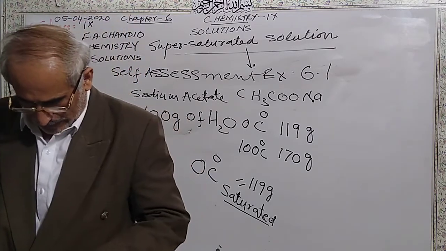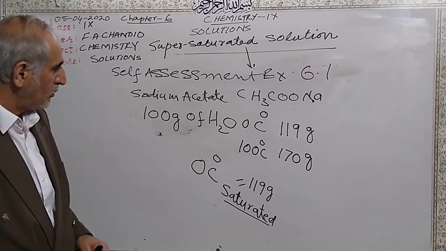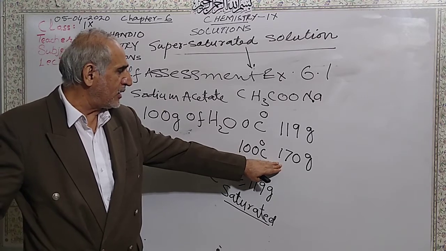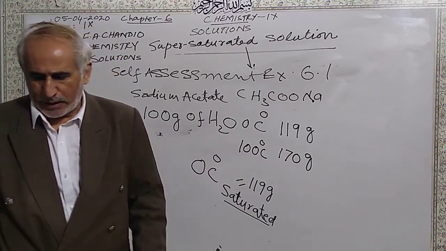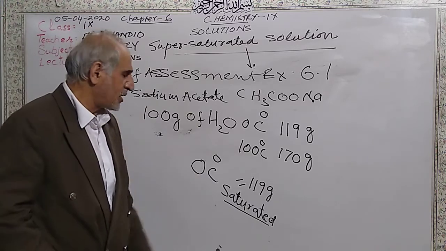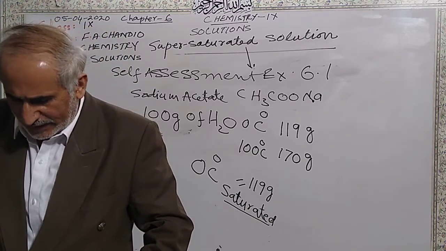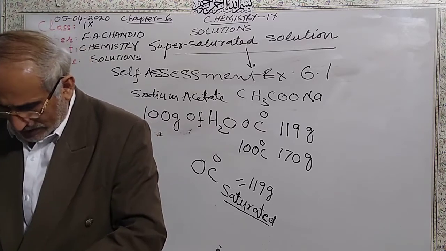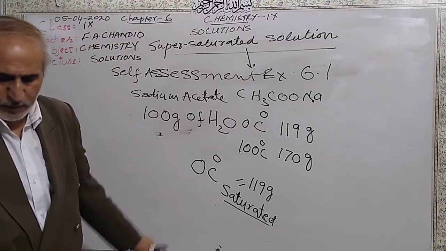Number D. If the solution is cooled back, when you maintain 100 degrees Celsius and 170 grams dissolve, now he said that when you cool back to 0 degrees centigrade, no crystals appear, there is no crystallization, nothing will be happening.